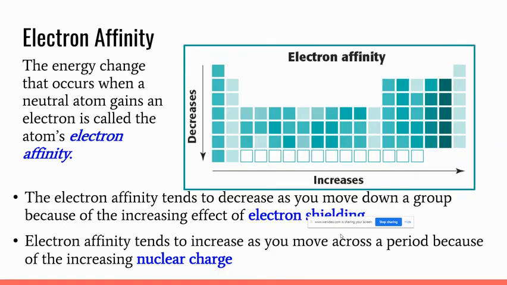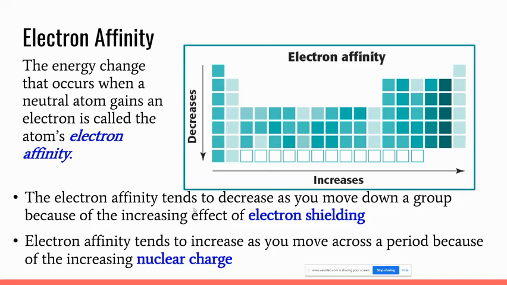The next trend that we talk about is electron affinity. And this is the energy change that happens when a neutral atom gains an electron, and that's called an electron affinity. So it tends to work best with your nonmetals. They tend to have high electron affinities. They want those extra electrons.